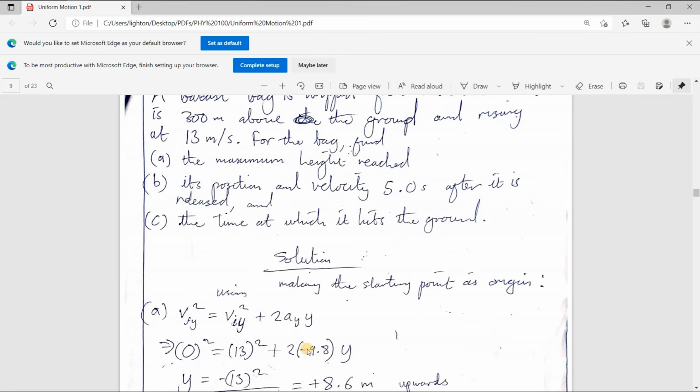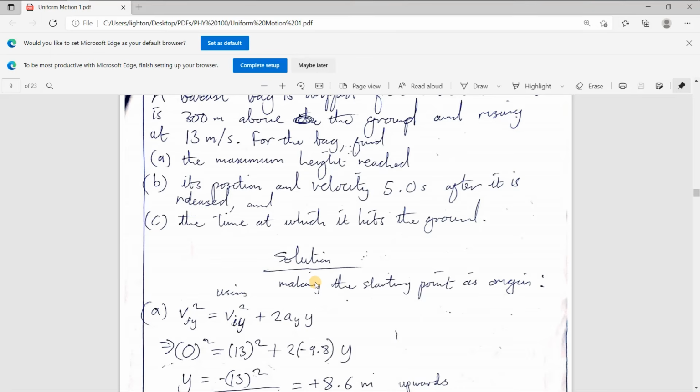Why is it minus 9.8? Because it is going downwards, and we've chosen up as positive. When we choose up as positive, every vector which points up will be positive, and every vector which points down will be negative. Gravity is always vertically downwards directed, so that's why it has a minus 9.81.